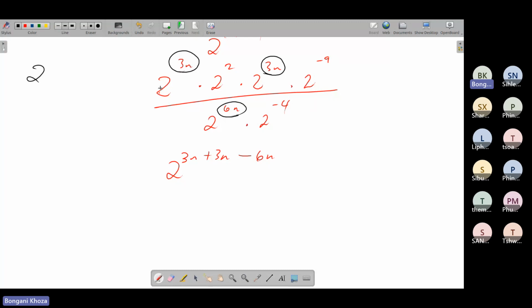So this and that are just being multiplied together. So to get an answer here, I'm just going to have to add the 2. So I'm just going to have 3n plus 3n like that. This one, on the other hand, we are dividing by it. So if we are dividing by something, remember it will be the top exponent minus the bottom exponent. That's what we are having here. This is everything on the top minus the bottom exponent for the ones with the n. And you are good now? Yes, sir.